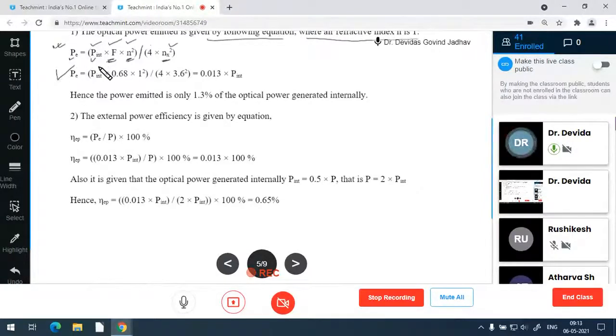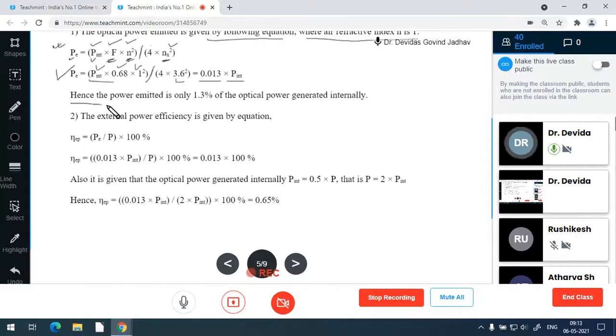So P is equal to P internal multiplied by F, 0.68, multiplied by n1 squared divided by 4 into n2 squared, 3.6 squared. The calculation gives 0.013 multiplied by P internal as it is. So P emitted is in percentage of P internal: P is equal to 0.013 into P internal.